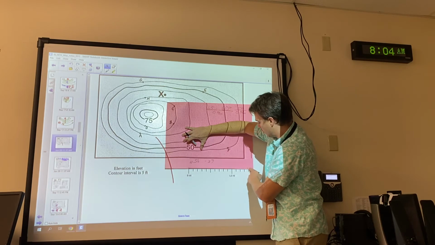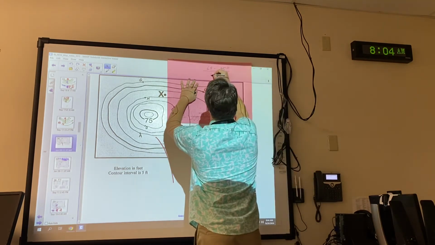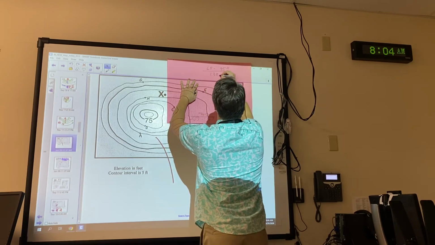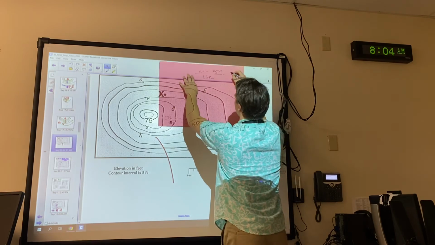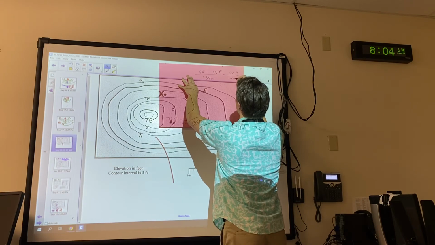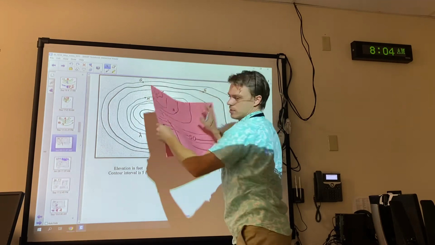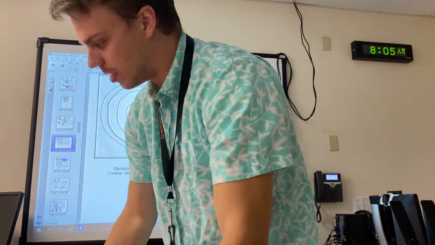We'll call it 1.38 miles. So we're just going to have 65 minus 45, which is 20 feet, divided by 1.38 miles. All right? So remember, this is measuring steepness.